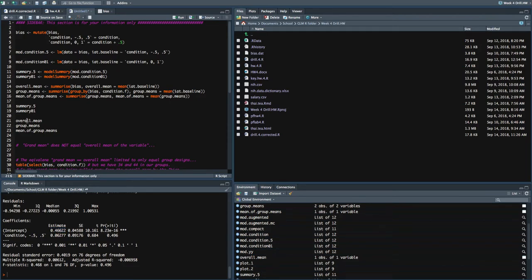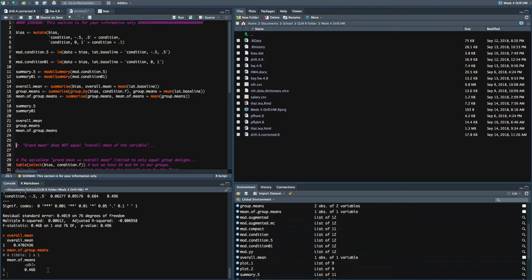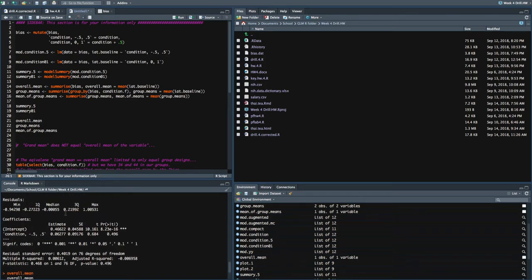So if we look at just the mean of all IAT baseline scores, we see that our mean is actually 0.47. But our grand mean is actually not the overall mean for that variable. The grand mean is defined as the mean of group means. So if we check our mean of group means, we can see that's 0.466, just like our intercept in this model.